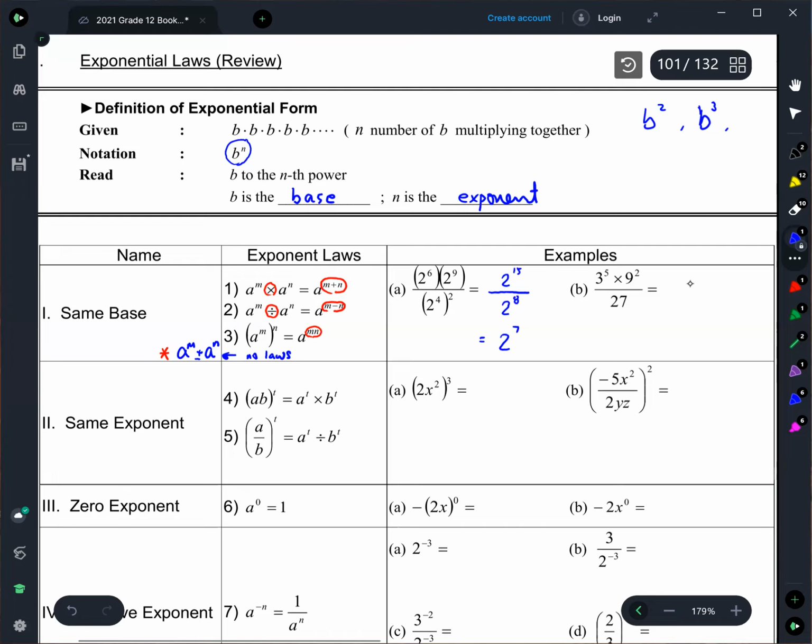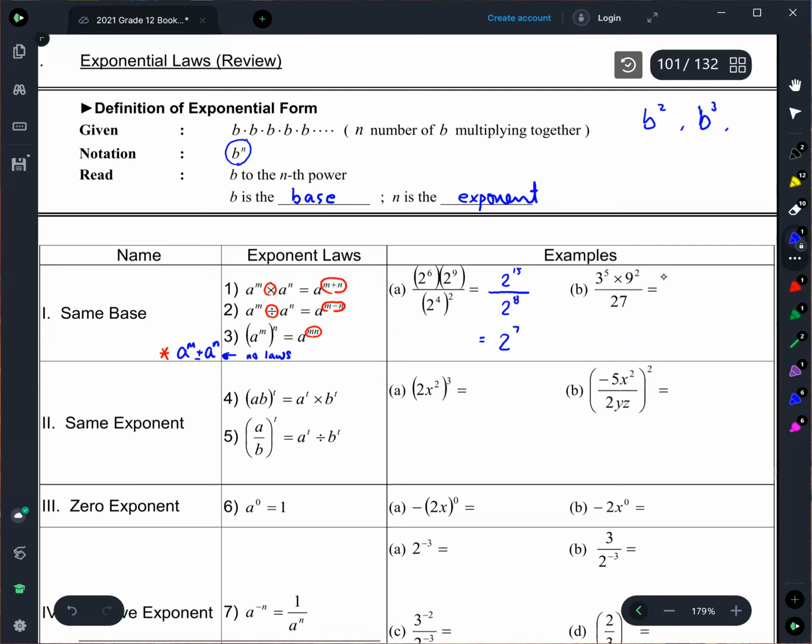So now please look at question B. Eric, do we have the same base for question B? We don't. No, right? We have to change it.